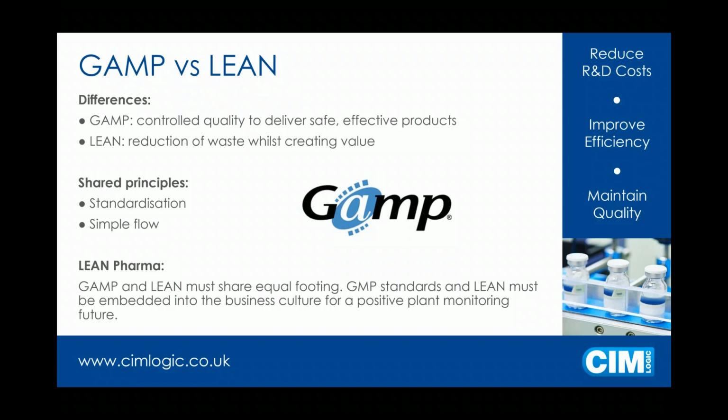But that question about capacity is quite key. Without data, how do you know what your true capacity actually is? What's your underutilized capacity? What is your essentially wasted capacity by overproducing or reproducing or rework?